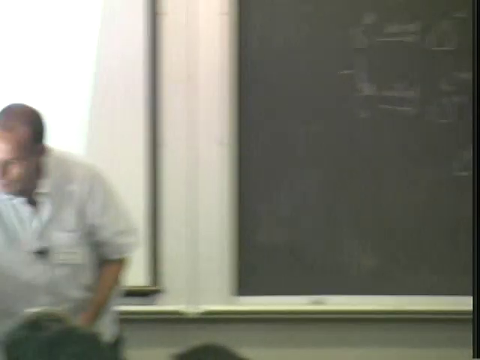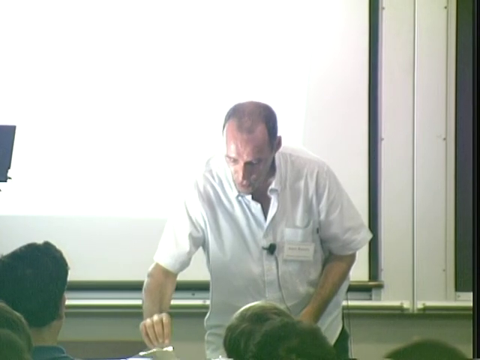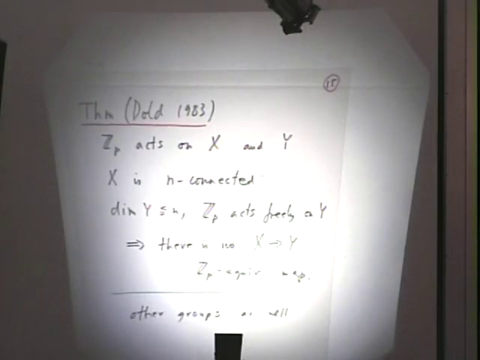Here is a theorem due to Dold from 1983, which often replaces the application of that lemma, degree congruent to 1 mod p. But this is essentially the same thing, often easier to use.